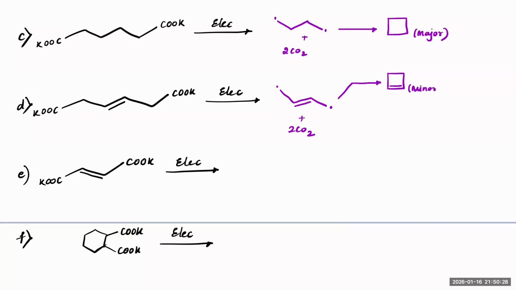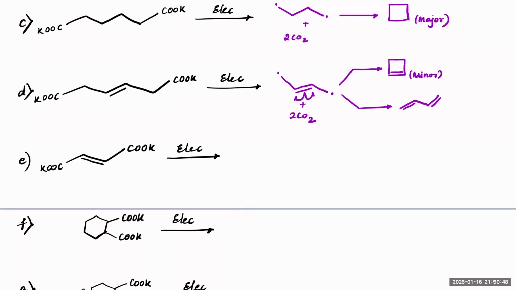This is the minor product. But another way is that you can break this pi bond into two radicals, and one radical and one radical here can terminate, and these two can terminate. That gives a very stable product, which is butadiene, stable because of resonance. So this is the major product, everybody.